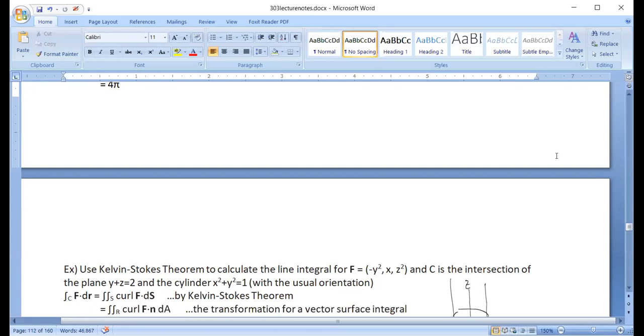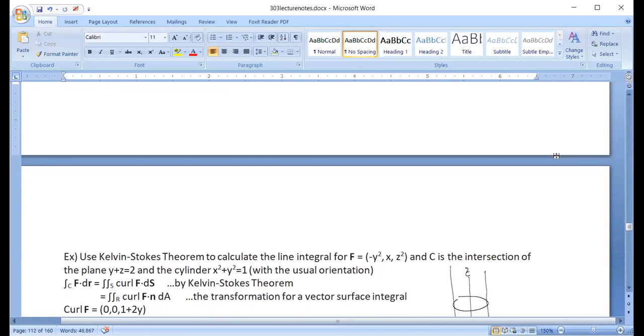First of all, the curl of F is straightforward to figure out. Calculate the curl, and you get 0, 0, 1 plus 2y. Second, we need to express what the surface is.